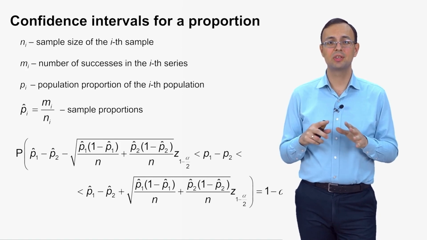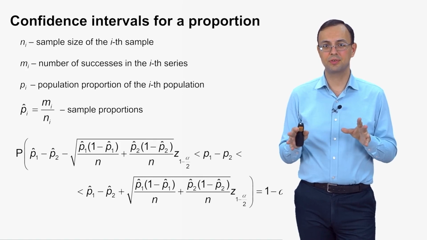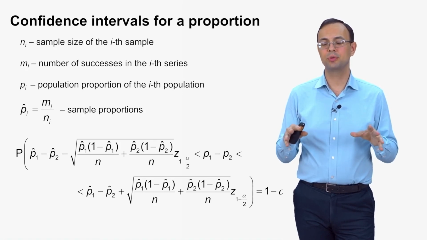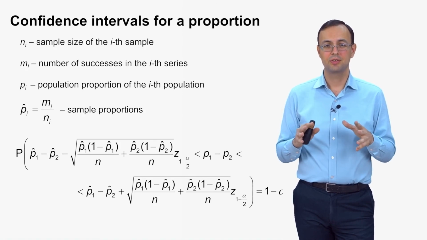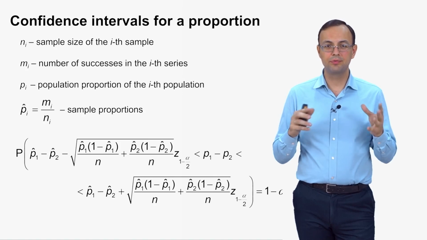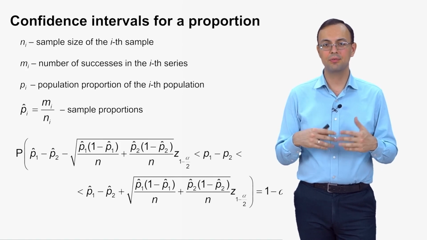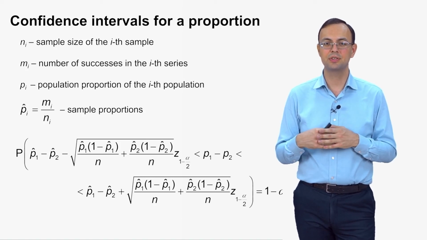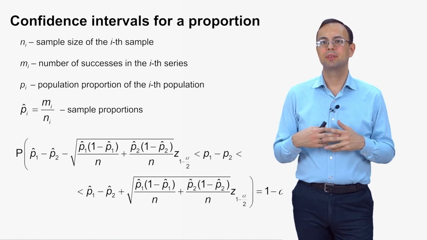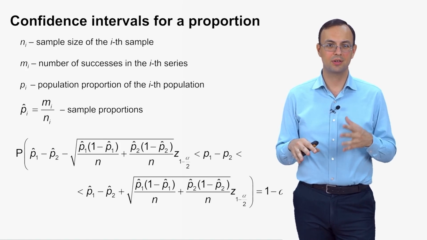I would say that 90% of all usage of confidence intervals in practice is covered by the formulas we have discussed today. I didn't give you a universal algorithm to evaluate a formula for a confidence interval, but I gave you the formulas that cover 90% of all cases when you need to find a confidence interval.